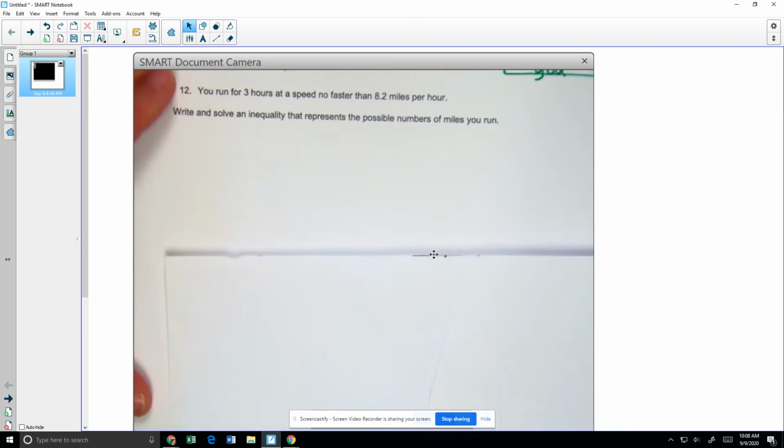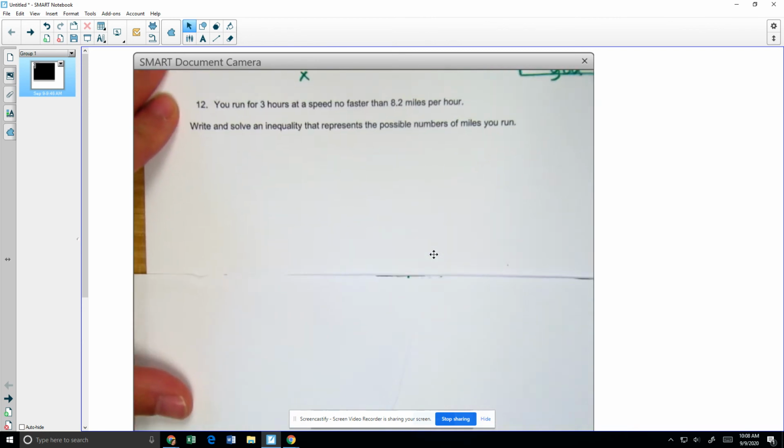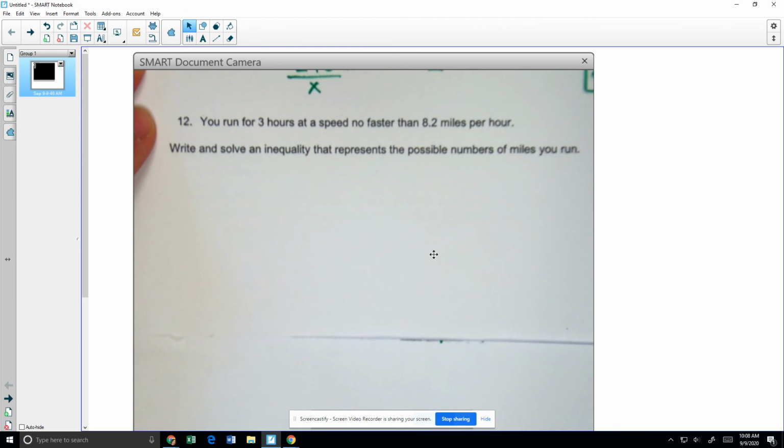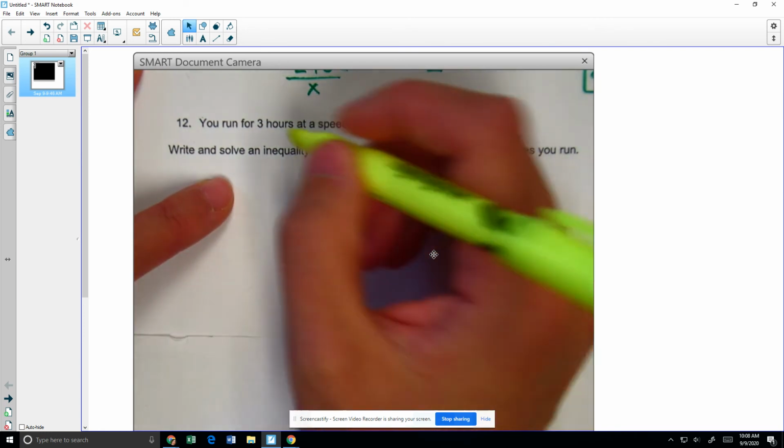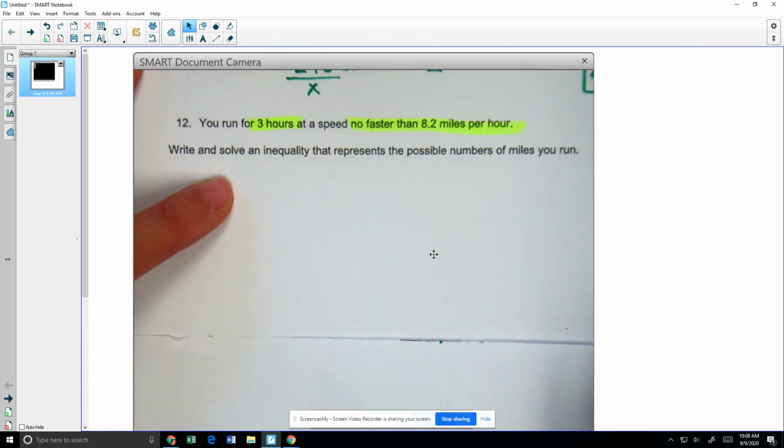Okay, let's try the last one. You run for 3 hours at a speed no faster than 8.2 miles per hour. Write and solve an inequality that represents the possible numbers of miles you run.